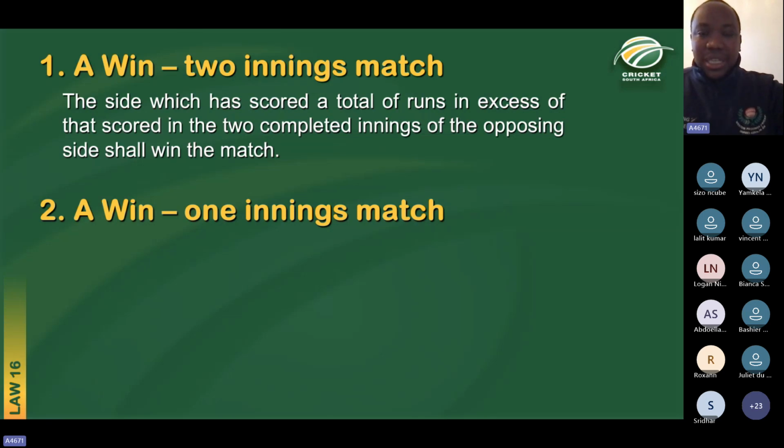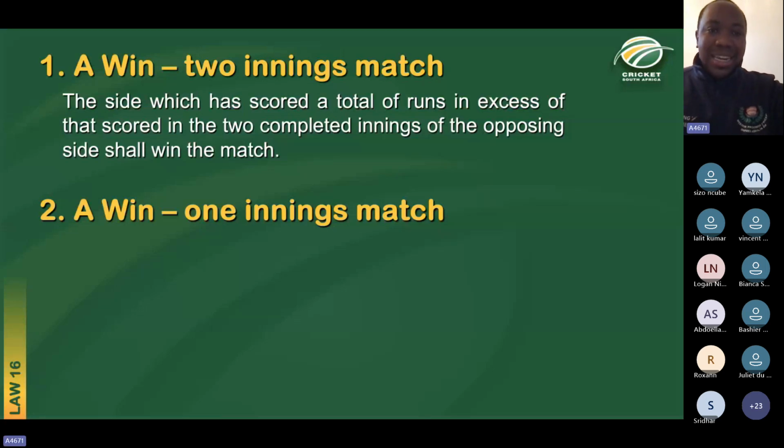What is key in this sentence is the 2 completed innings of the opposing side. Later I will play you a video of a match, and you need to tell me if that match was a tie or a draw, and it's all to do with whether the last innings of the match was concluded or not.